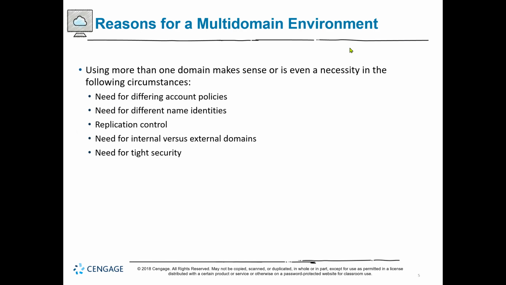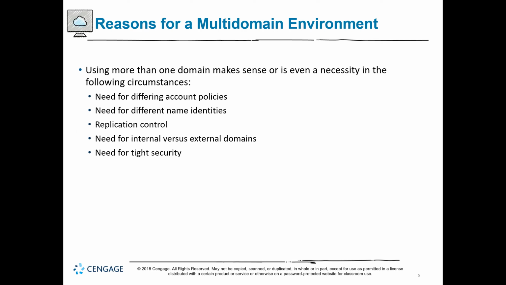For multi-domain environments, using more than one domain makes sense or is even necessary in the following circumstances. You need differing account policies, different name identities, replication control, the need for internal versus external domains, or if you have very tight security, like say you have an R&D department and you don't want anything from them mixing with anyone else.